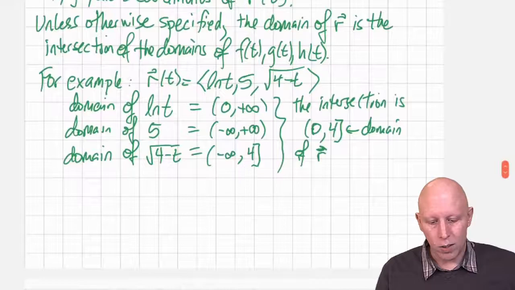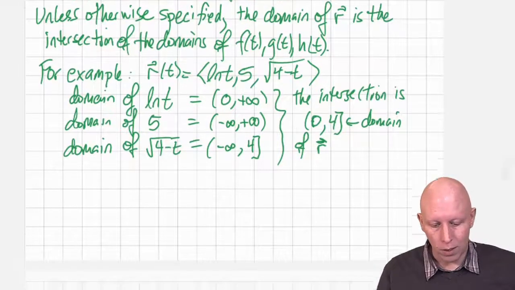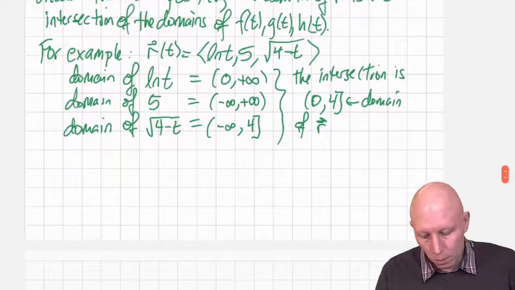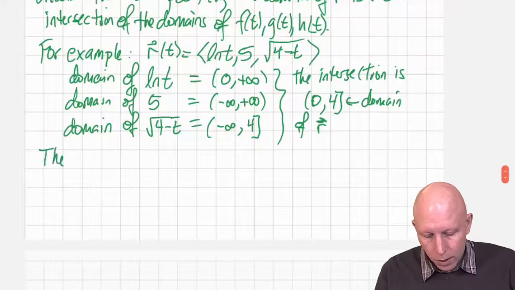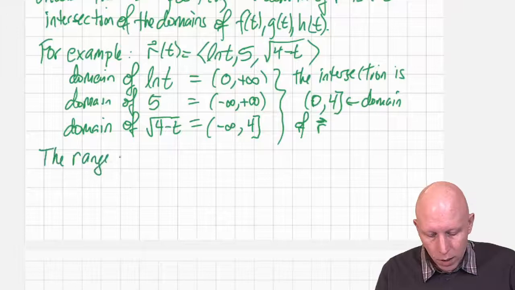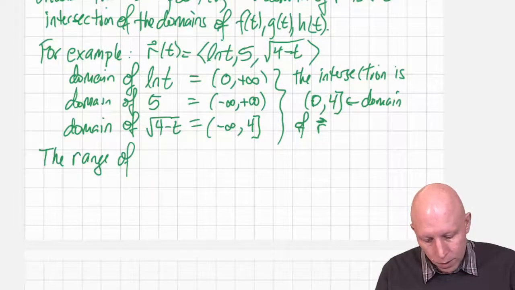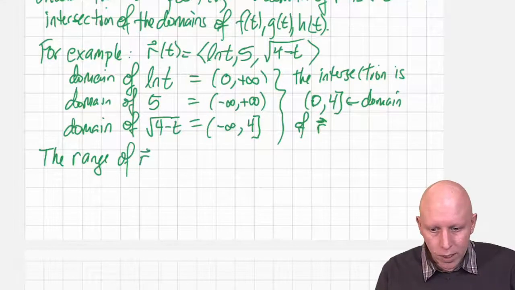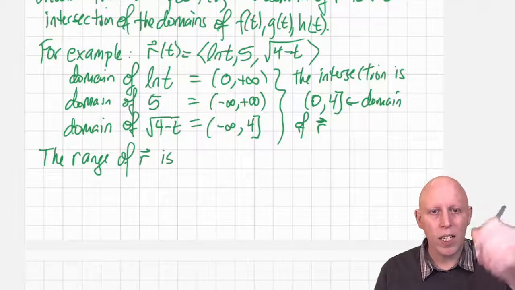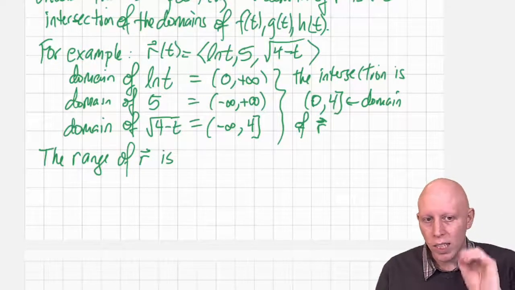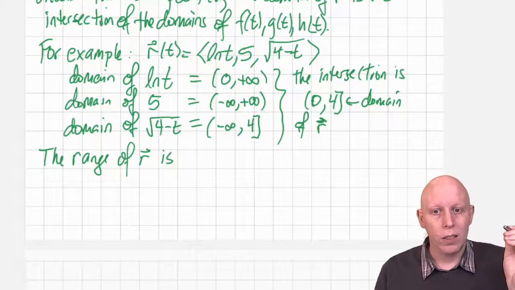Now let's think about the range of a vector function. The range of R is what's hit by this function. You plug in a t, what comes out of it?